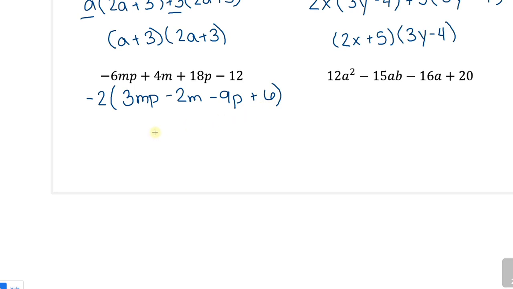Now, let's split this up: take the first two and then our last two. The greatest common factor between 3mp and negative 2m is just an m. So 3p minus 2 is left over.